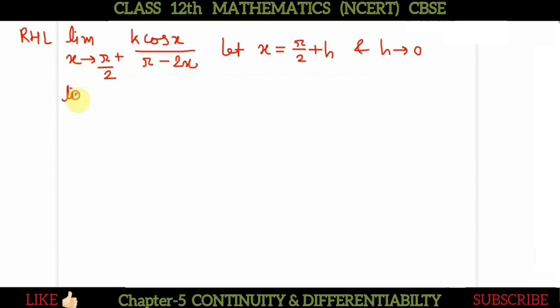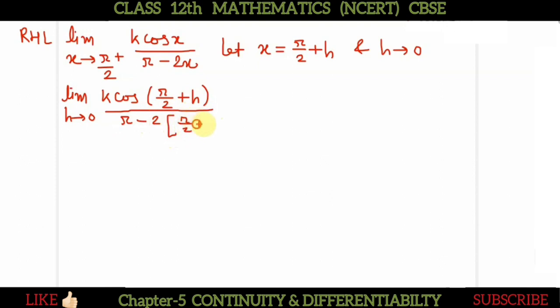So the limit will be transferred; earlier it was in x, now it will change to h. So it will be limit h tending 0 of k cos, and in place of x we put pi by 2 plus h, upon pi minus 2 into pi by 2 plus h. Now what is cos 90 plus theta?